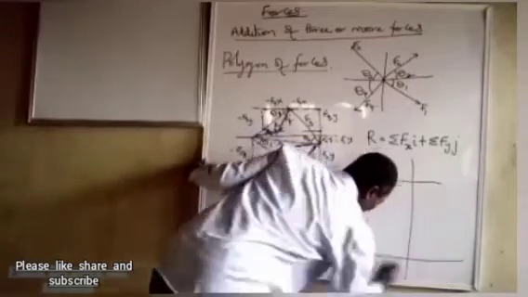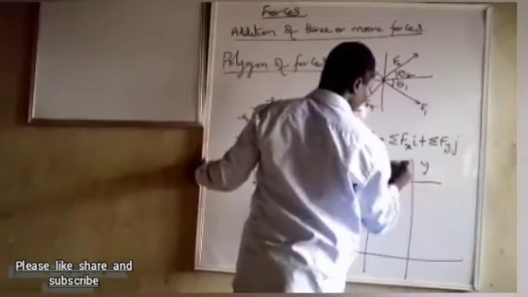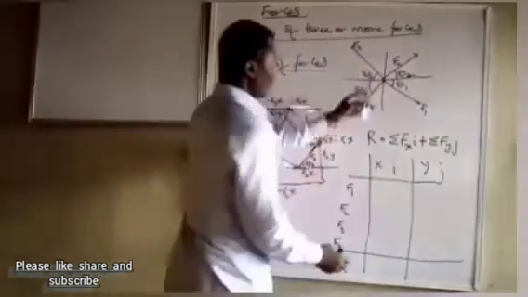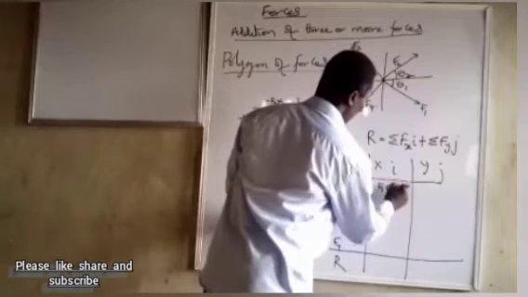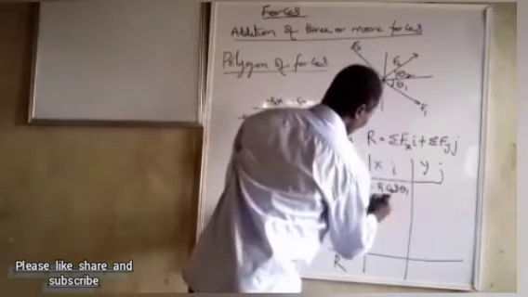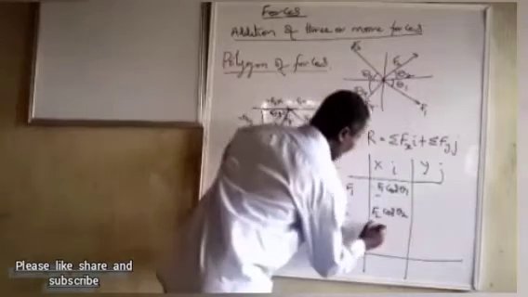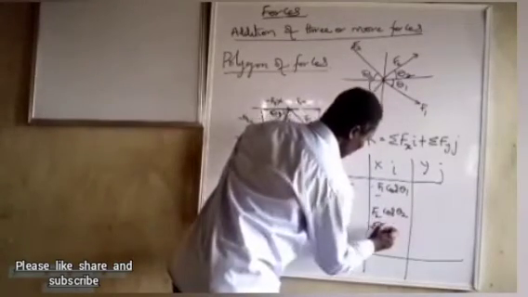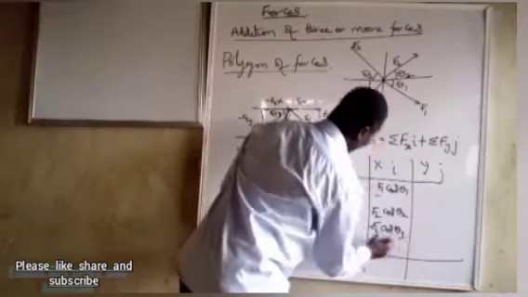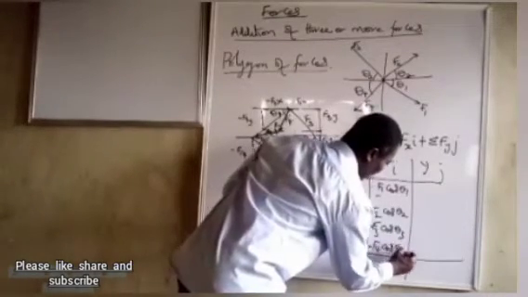And the summation will be R. X direction, Y direction, or you can say i, j. So F1 will be, no, this one is F1 cos theta 1. F2 cos theta 2. F3 minus cos theta 3. This one minus F4 cos theta 4.